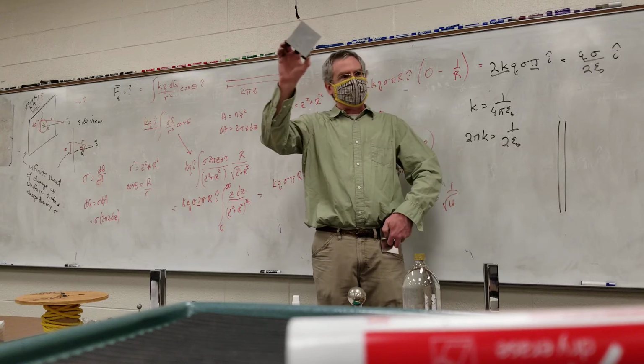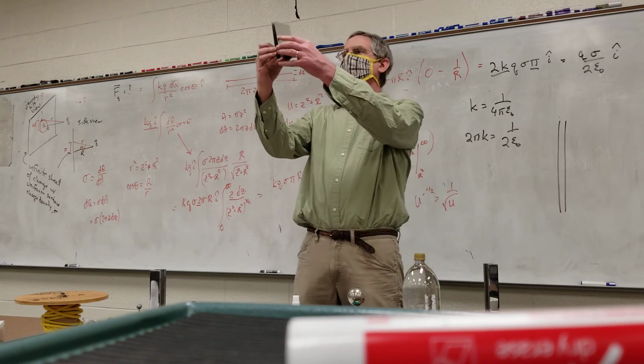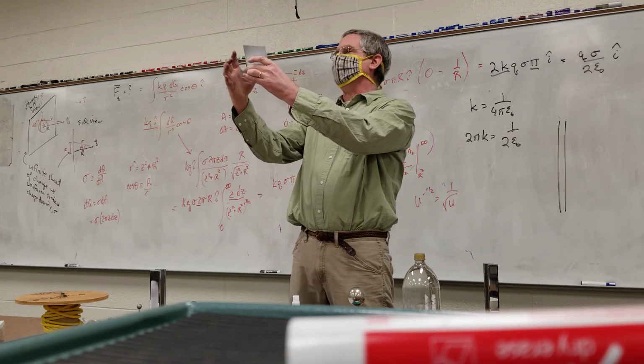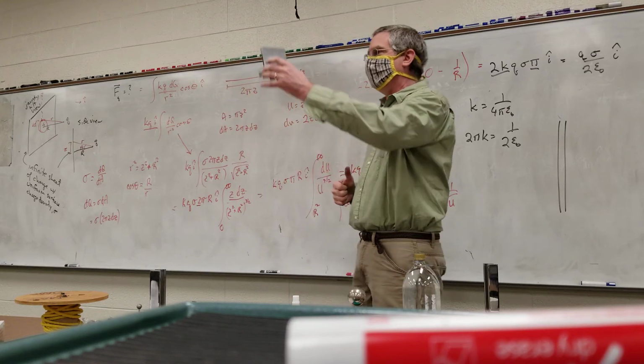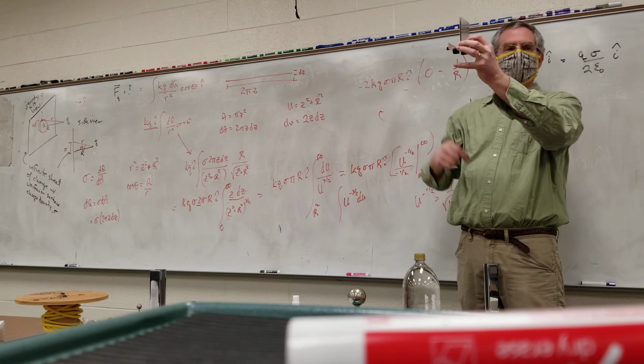These are definitely, I think we will agree, not infinitely big. However, if we put them close enough, so that the distance between them is tiny compared to the size of them, it's a good approximation of infinite sheets when you think about something in between here.